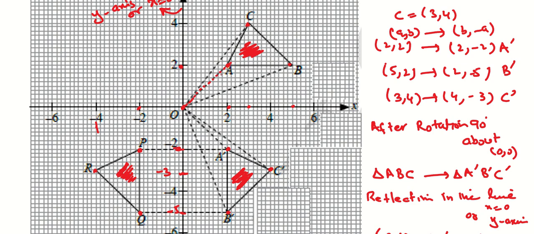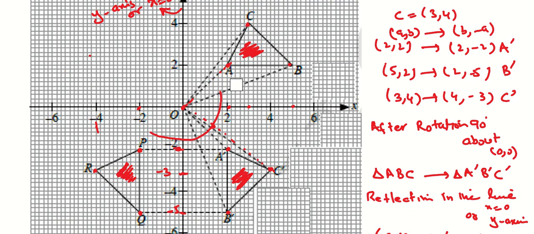Join O and A. Now using a protractor, suppose this is a protractor, this is 90 degrees. After taking 90 degrees we have this line, whose length is the same as O to A; O to A and O to C are both the same.